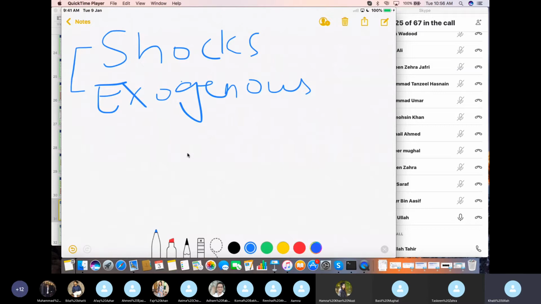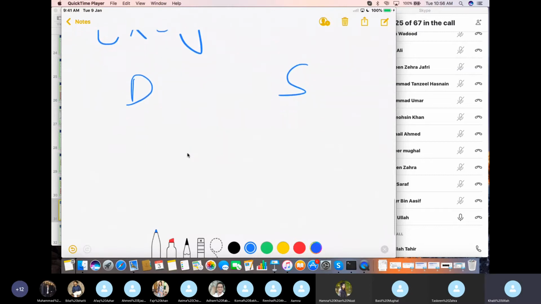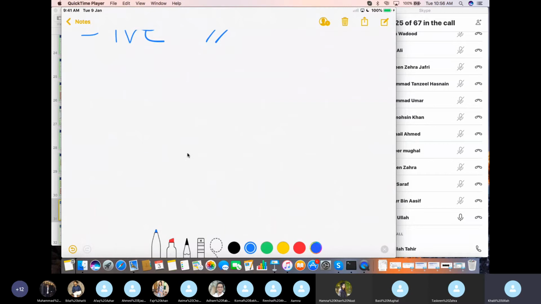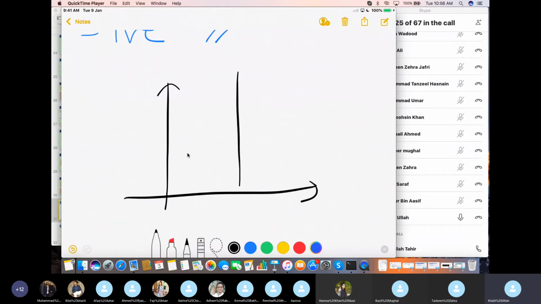So there are two curves that can be impacted, the demand curve or the supply curve. There can be a positive demand shock or a negative demand shock, or similarly a positive supply shock and a negative supply shock. So I'll just make a graph of what a positive demand shock looks like and what a negative demand shock looks like.